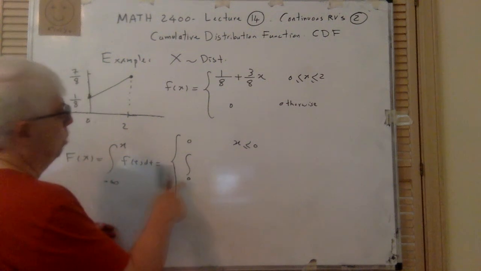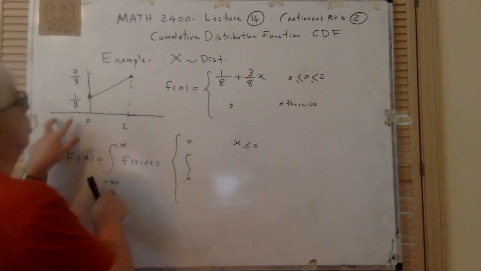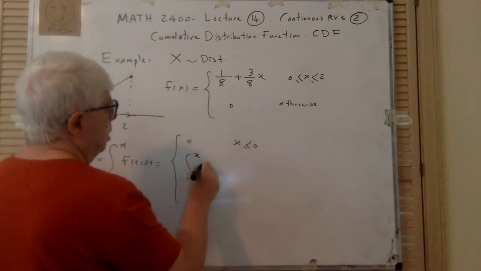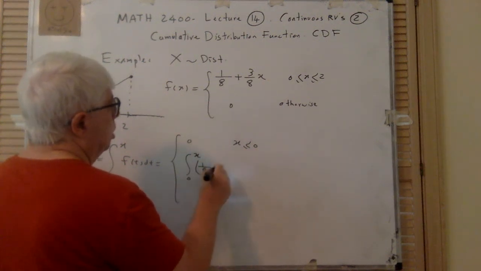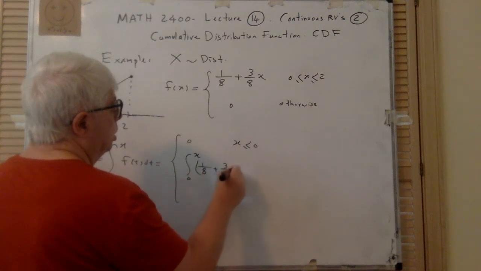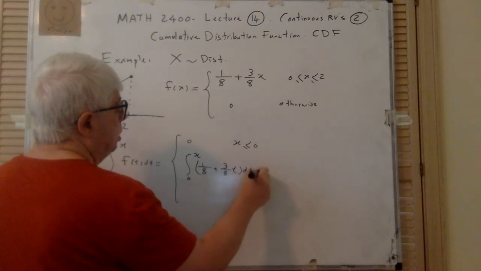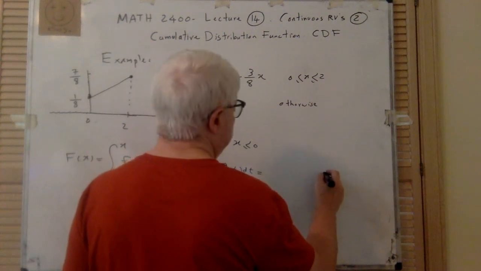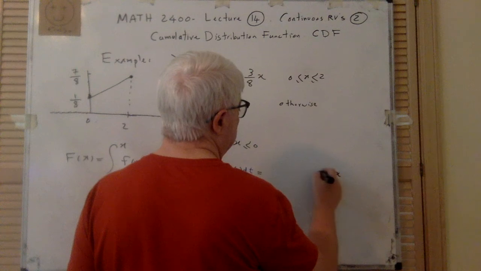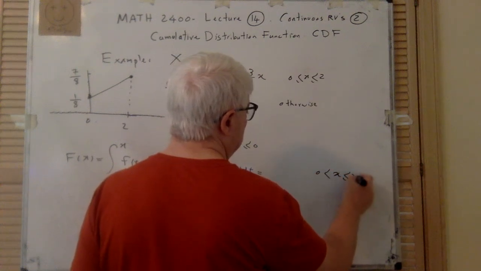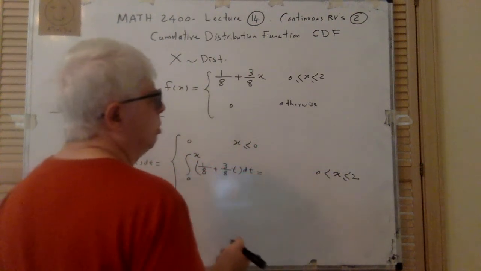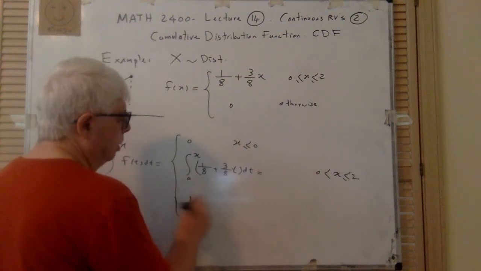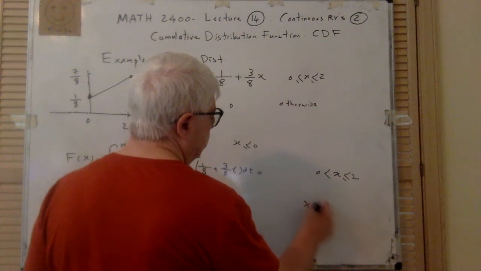So instead of minus infinity, I will write 0, because there's nothing here, up to x, of 1/8 plus 3/8 t dt. Let me write here that x is bigger than 0 and less than or equal to 2. And I know what happens after 2. You don't have to do anything. It's 1 for x bigger than 2.